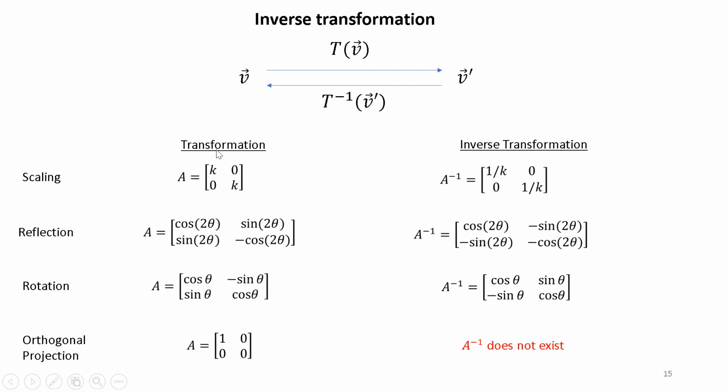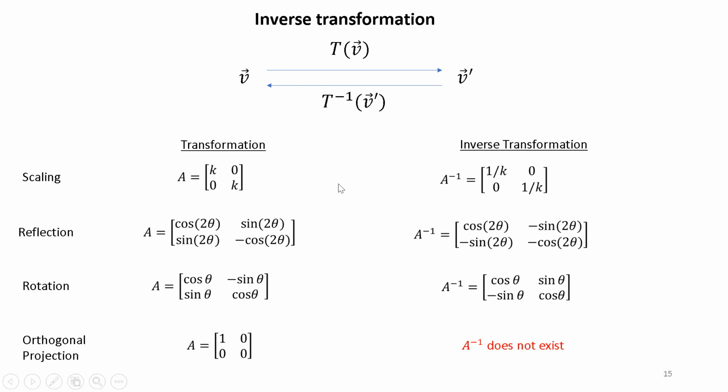So take the scaling, where the matrix looks like this. Then the inverse transformation for scaling is, of course, geometrically clear. You multiply the length by a factor of k. Then if you want to undo it, you multiply that scaled vector by a factor of 1 divided by k. So that's why I have this 1 divided by k here.